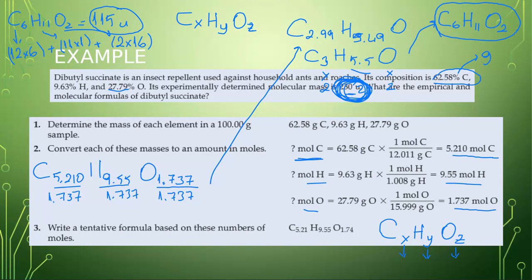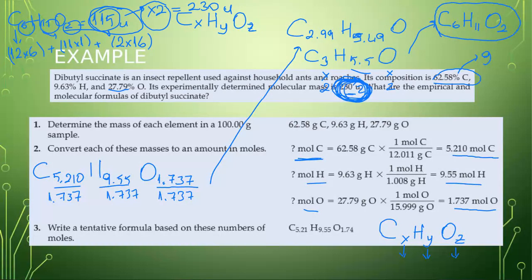Süleyman said 2. Yes. What else? Because you know the molecular mass. Yes, that's right. If you multiply the empirical formula mass by 2, you will find 230 U. So you have to multiply all of these subscripts by 2.